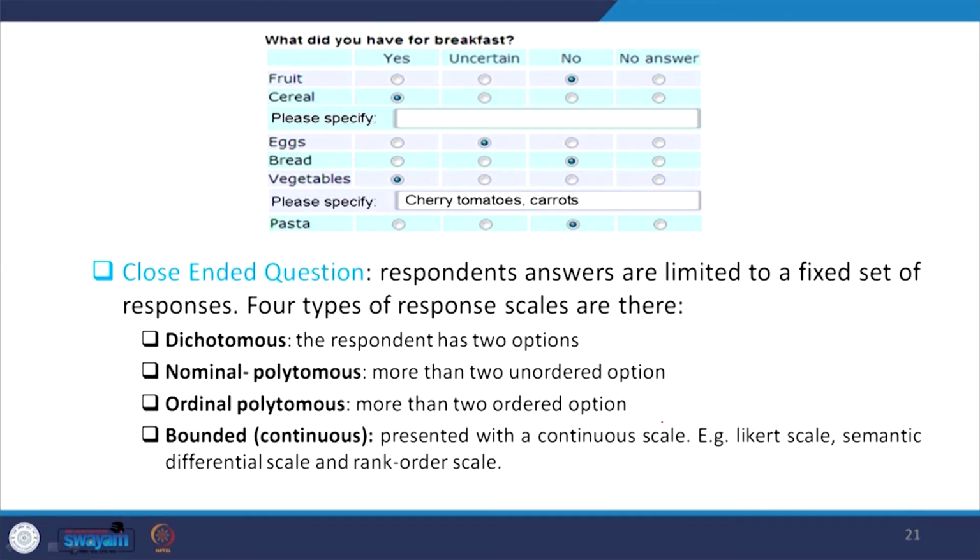So, in this example, what did you have for breakfast? Food, cereal, please specify which is correct. Similarly, please specify, otherwise you have to leave it blank.